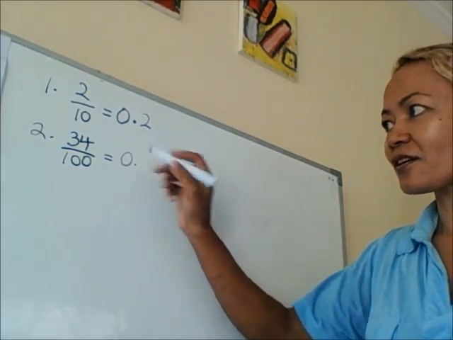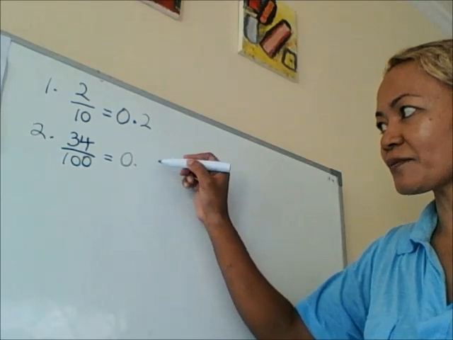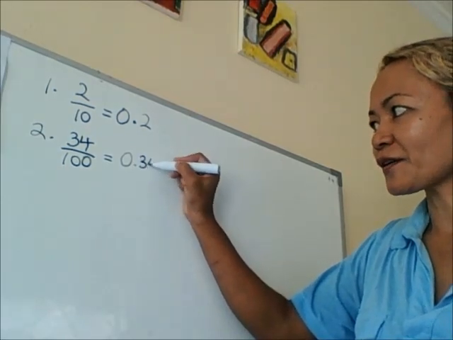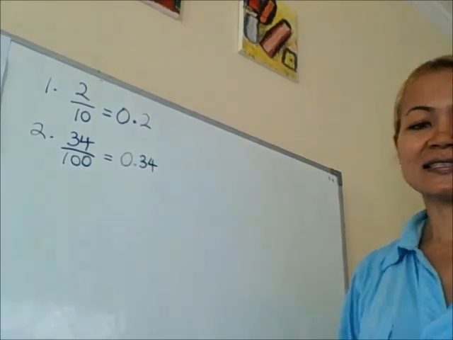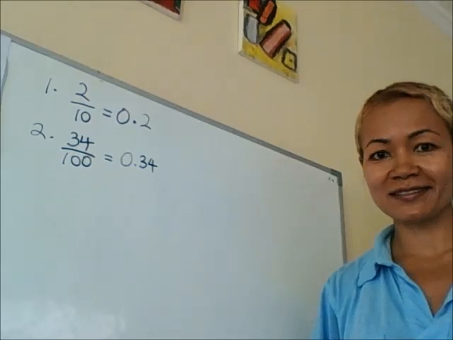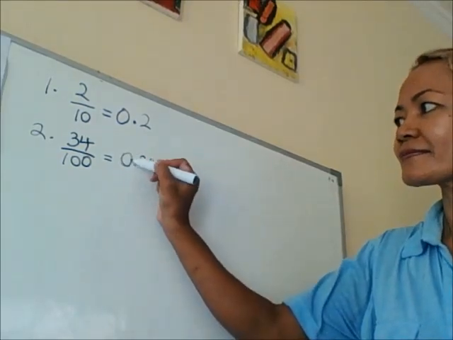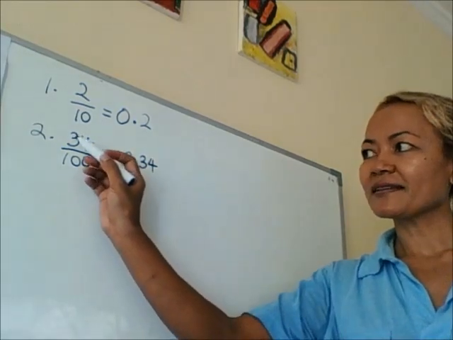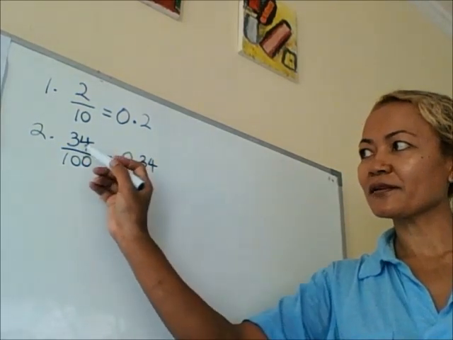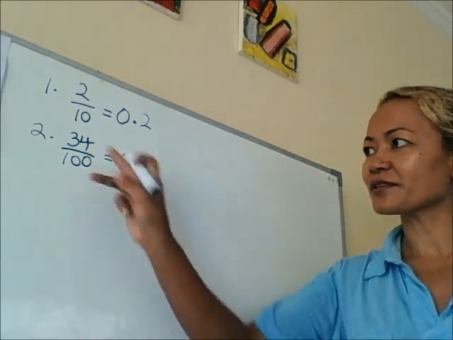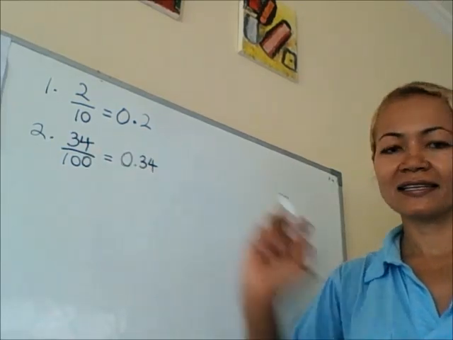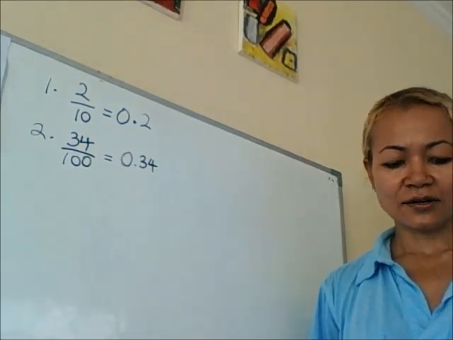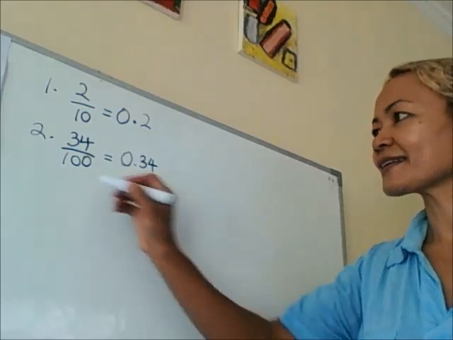Hundredth is just the second column, so I've got 2 digits there. We'll go all the way to this second column, to the hundredths column. So when you have 2 there, the 3 goes in the 10th column and the 4 goes into the hundredths column. You can write the whole lot down. Very easy. Okay, the third one.